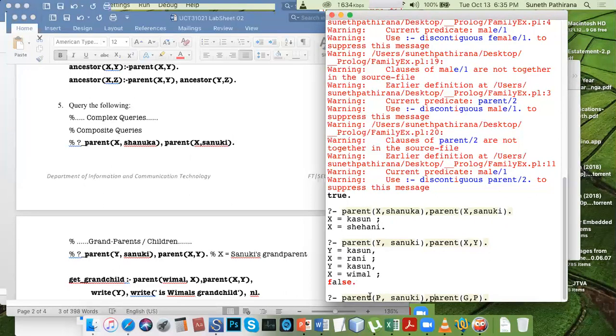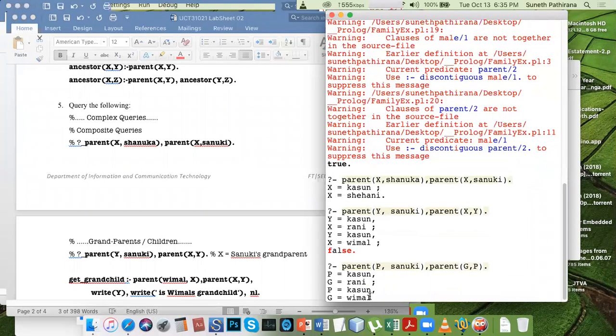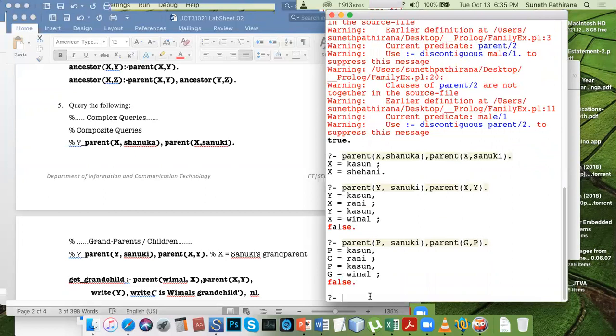So G is going to be the grandparent. I'm asking the same question, just swapping the variable names. So P Kasun, G Rani, where G means grandparent. Rani; P Kasun, Kasun is a parent and Vimal is a grandparent. That's all. Okay.